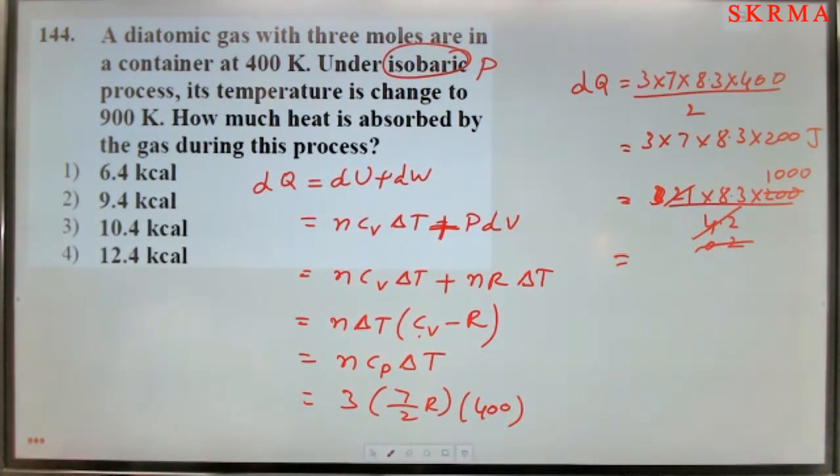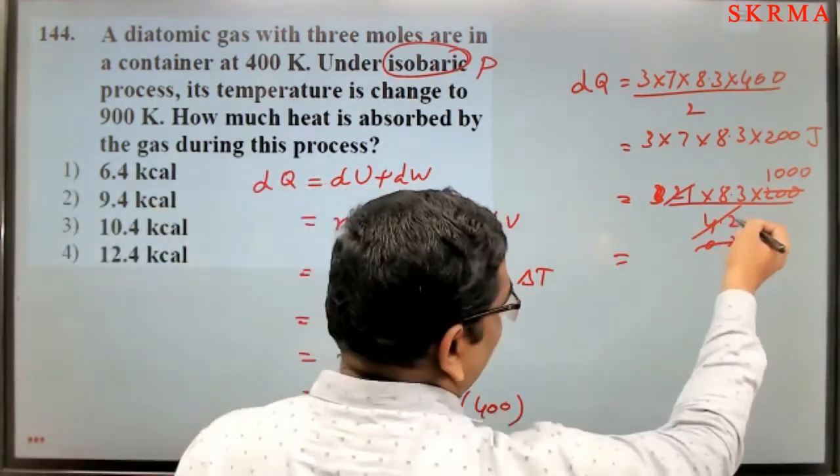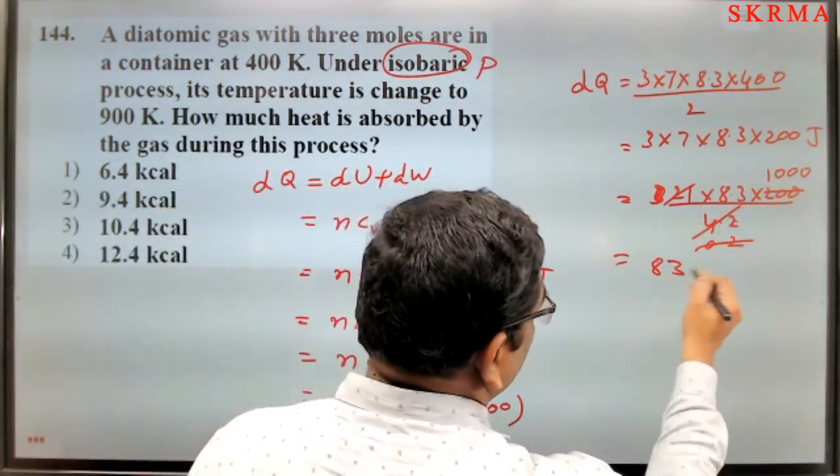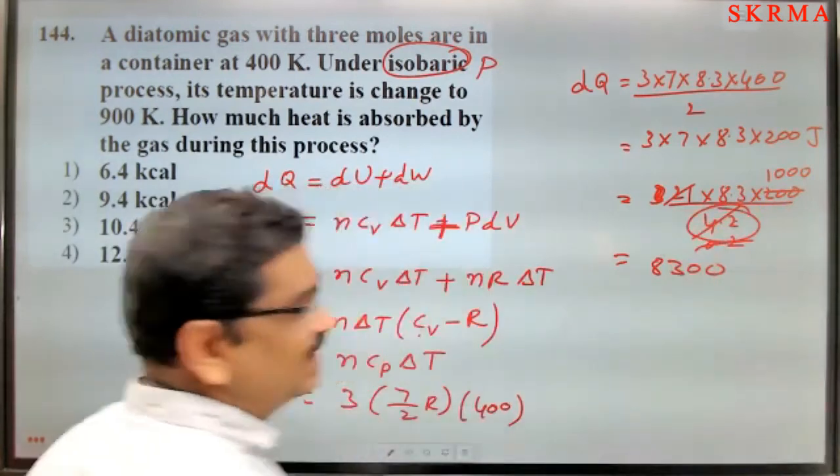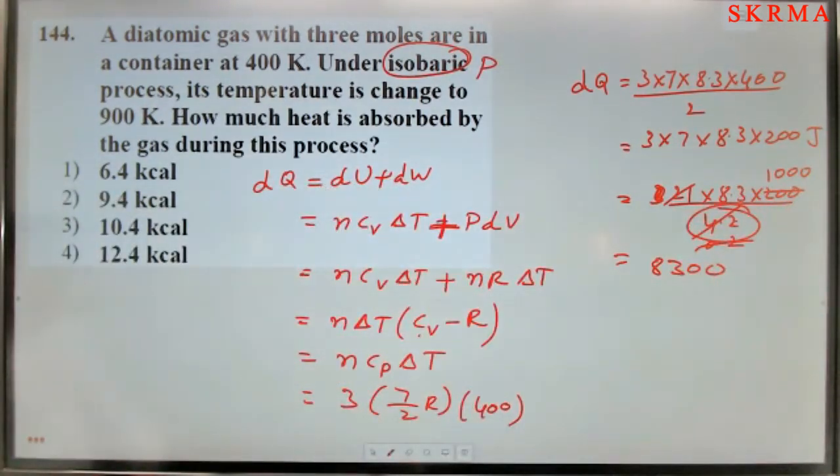If you take 4.1, this is 8300. If you consider this as 4.186, then you will get around 1000. So 10.4 kilocalories. If you consider the conversion factor as 4.1, then you will get 10.4 kilocalories as the answer.